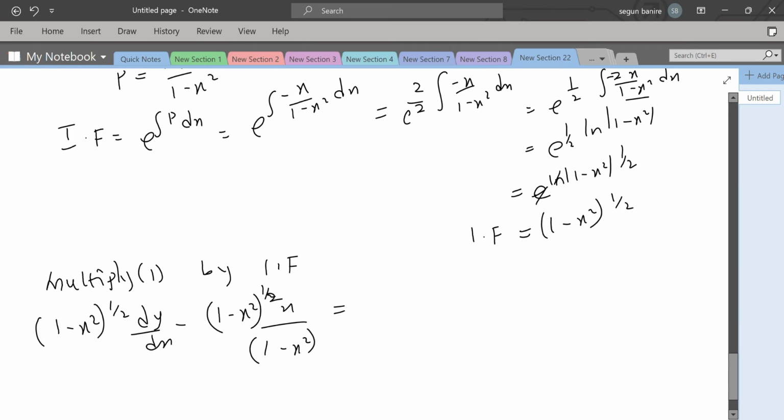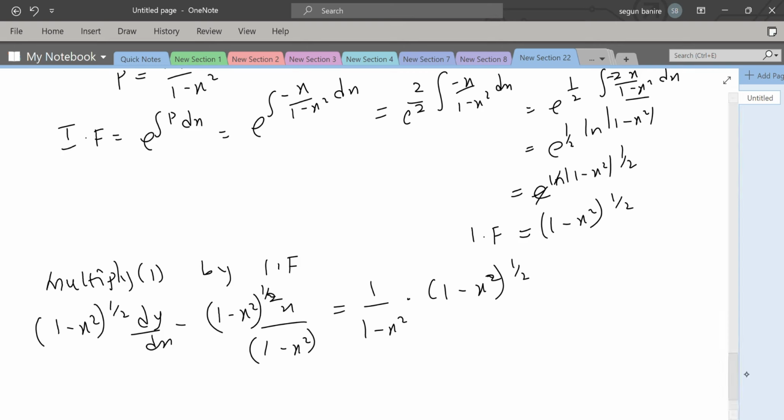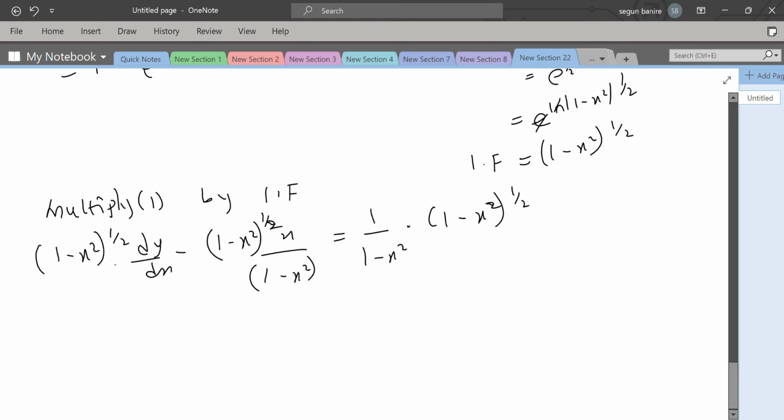Q was 1 over x squared times 1 over 1 minus s squared. So we are now multiplying it by 1 minus s squared raised to the power 1 over 2. So this remains the same. I just want to simplify things.